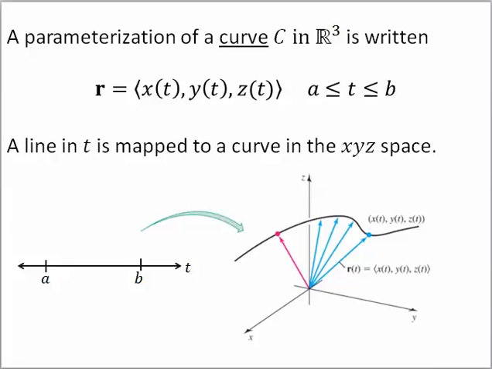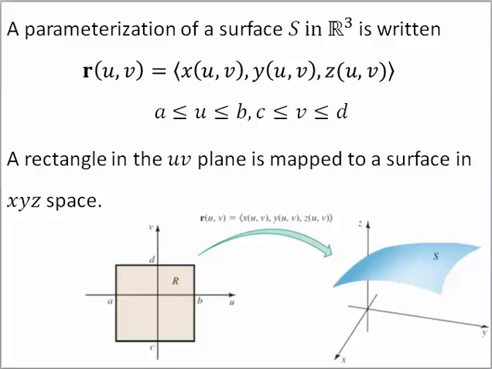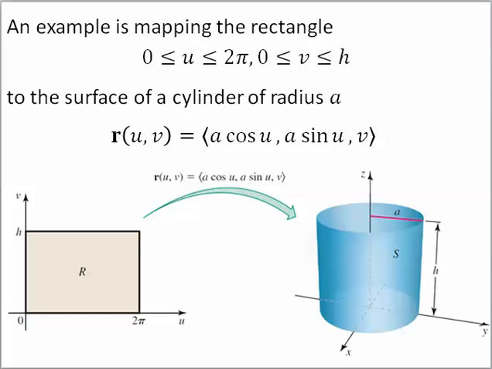Again, as a review, when we did the parameterization of a curve, we had a line in t mapped to a curve in xyz space. For a surface, we're going to map a rectangle to a surface using a parameterization in terms of u and v. For example, we could map a rectangle to the surface of a cylinder using this parameterization.